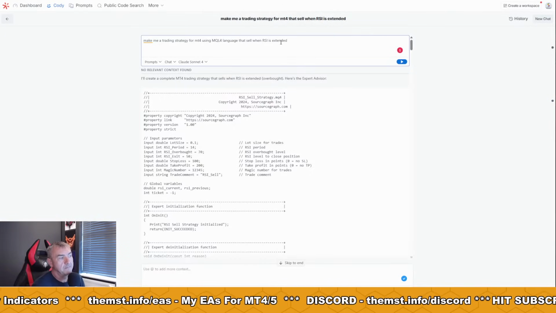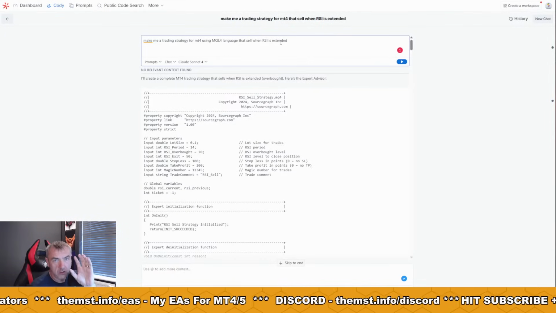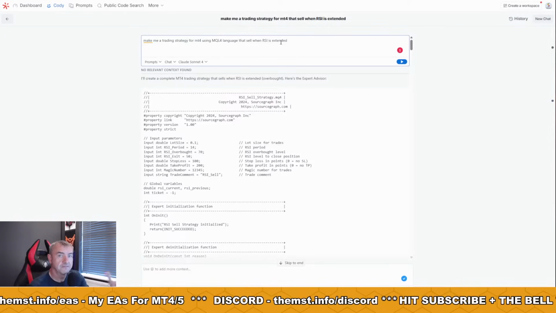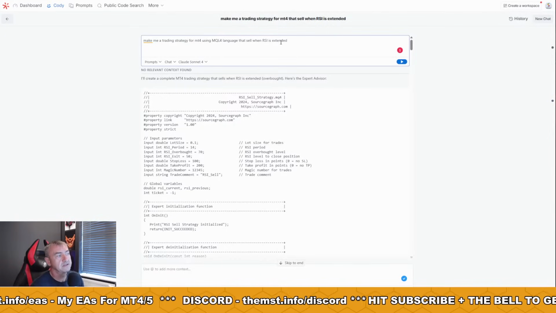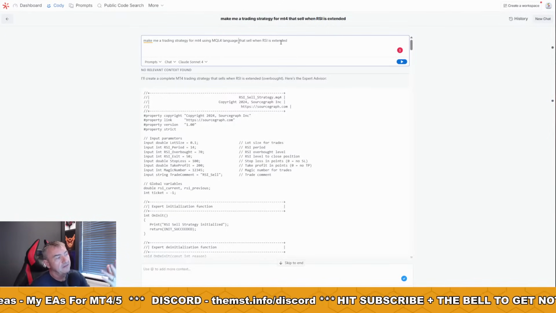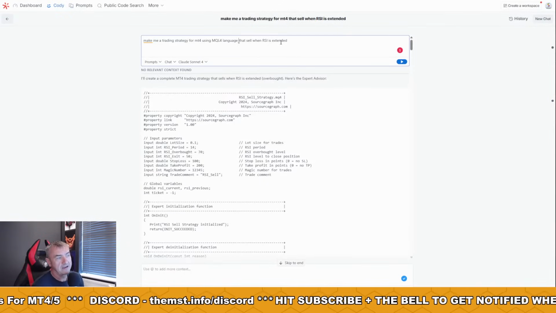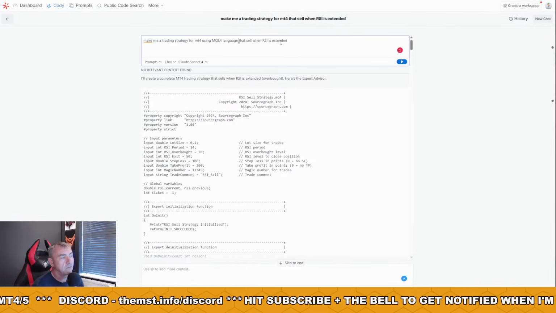If you say that, it will lock in the code base and it won't use any MQL5 terminology, basically. Again, these are belts and braces things you will learn as you use it. But I mean, they're all good.